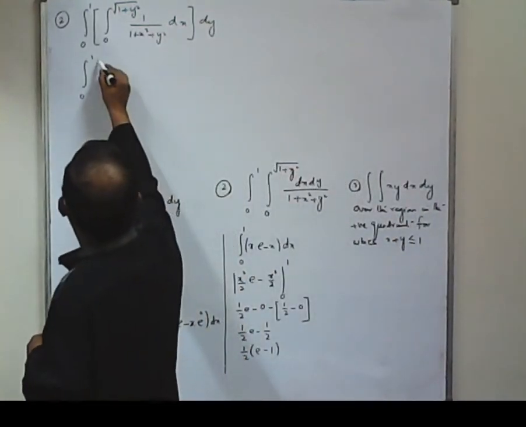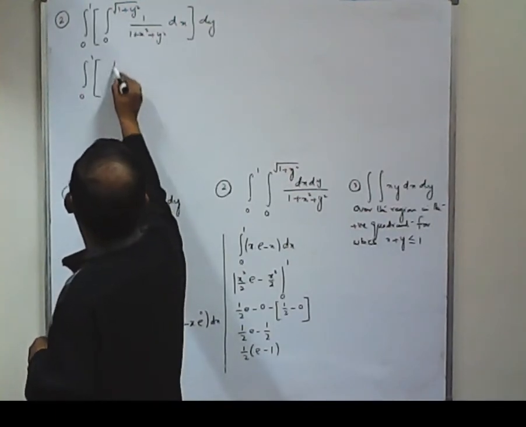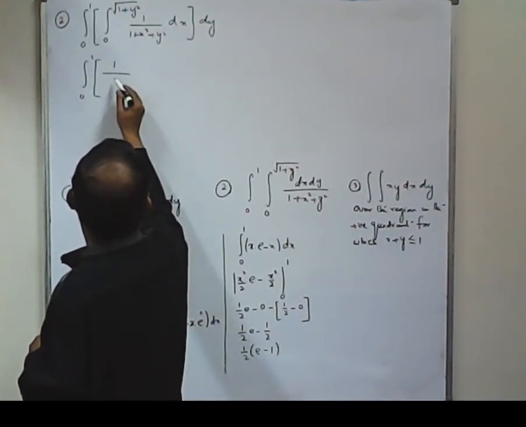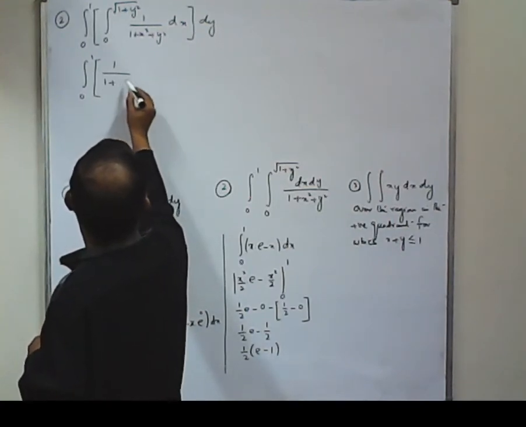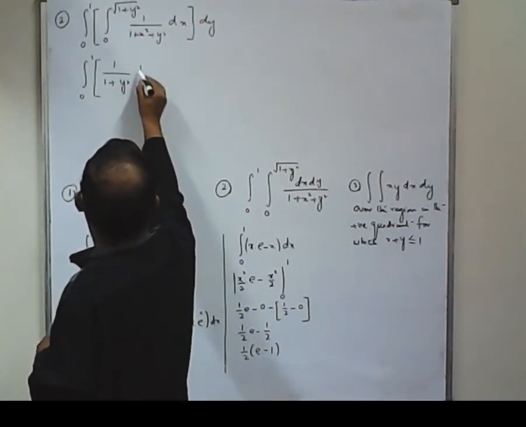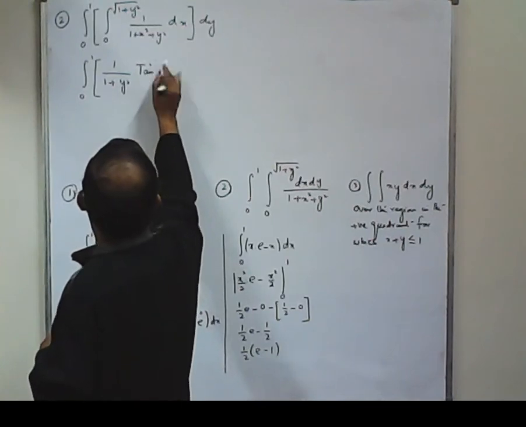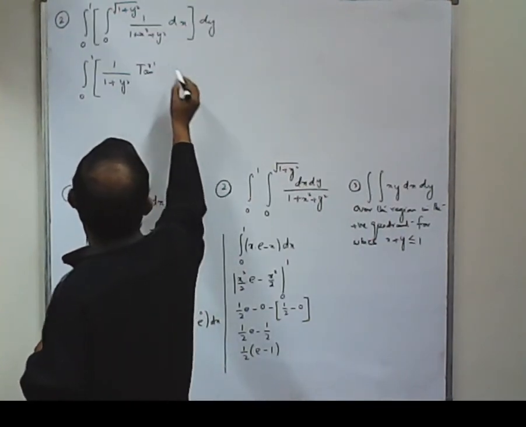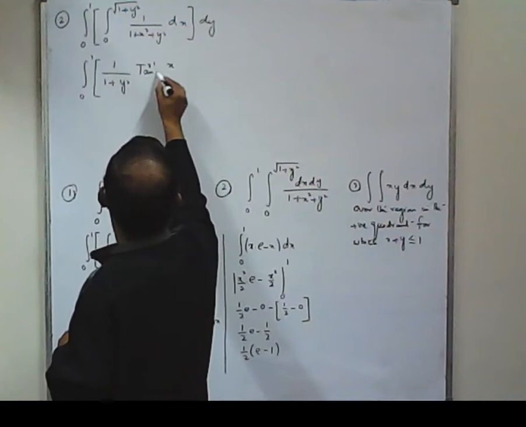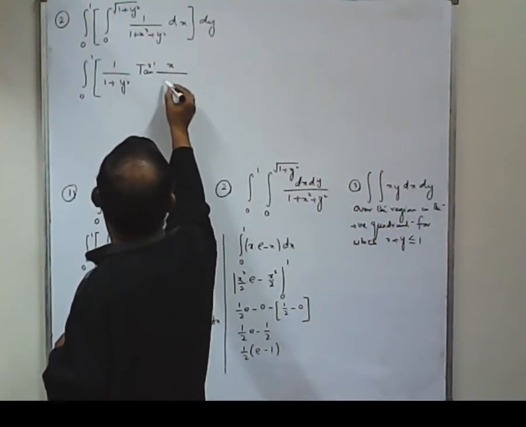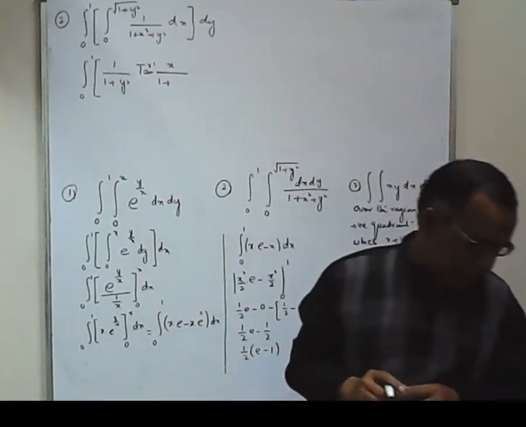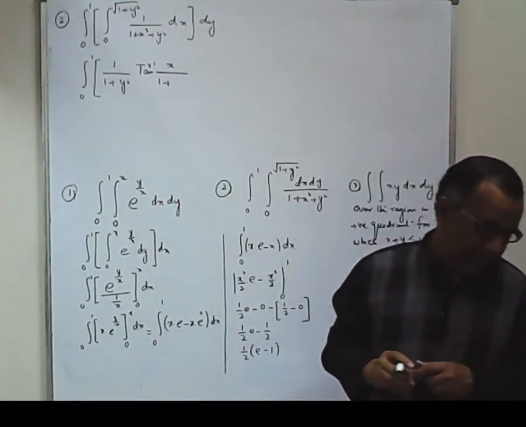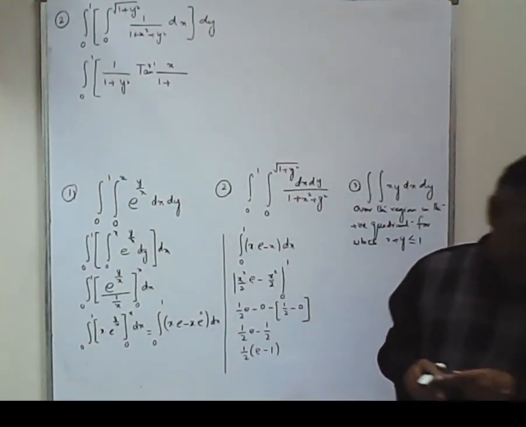This will be 1 upon square root of 1 plus y square, tangent inverse x upon square root of 1 plus y square.